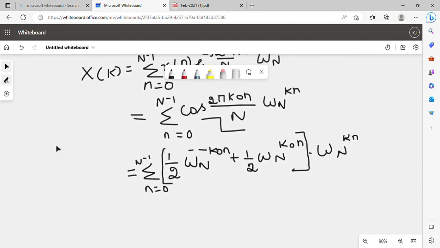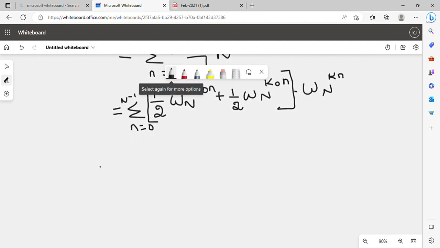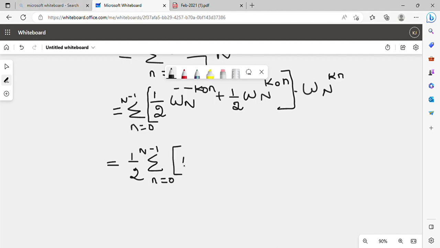I would be getting 1 by 2 into 1 by 2 into the summation from n equal to 0 to N minus 1, in a bracket, omega N to the power minus k naught n, plus omega N to the power k naught n into omega N to the power kn.